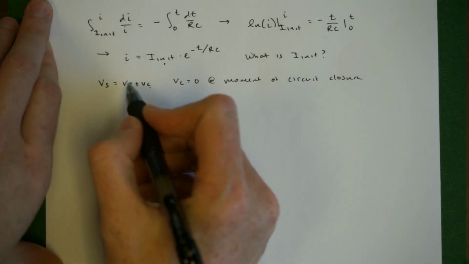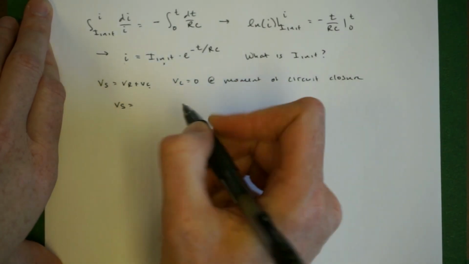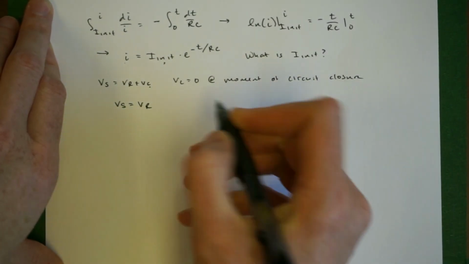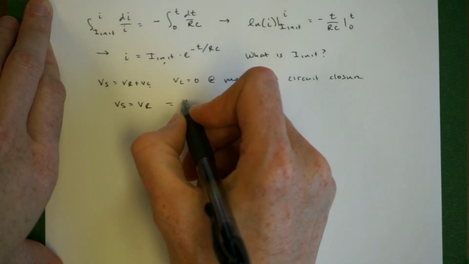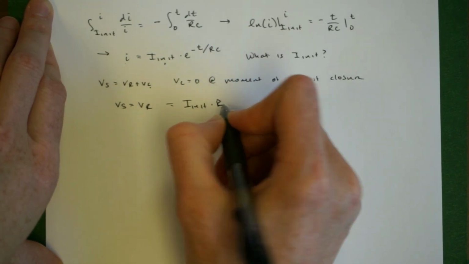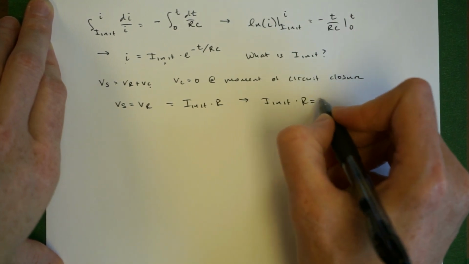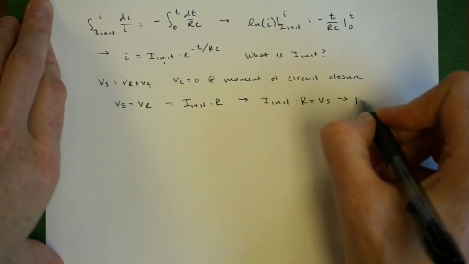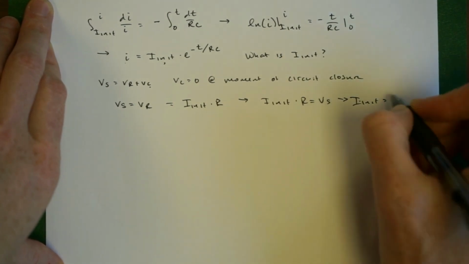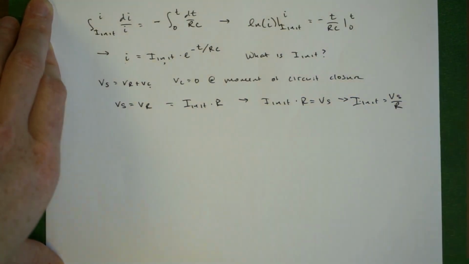So at that moment, the supply voltage equals the voltage across the resistance, which equals I init times R. So I init times R is the voltage supply, or I init equals Vs over R.